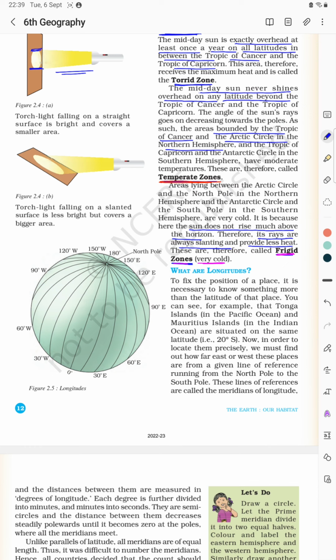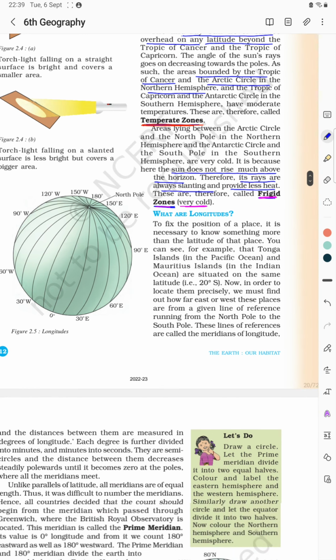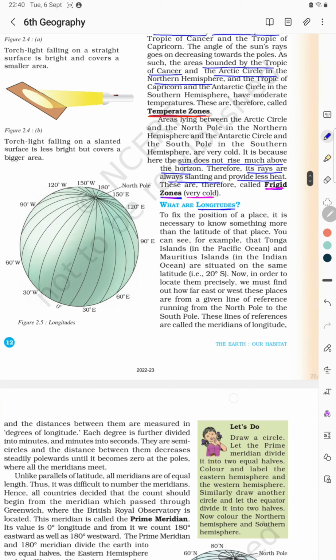So for locating any point on the globe, we will need two reference lines. One we have learnt about, that is latitude. The second is longitude, so we'll be learning about longitudes in this video. To fix the position of a place, it is necessary to know something more than the latitude of that place.